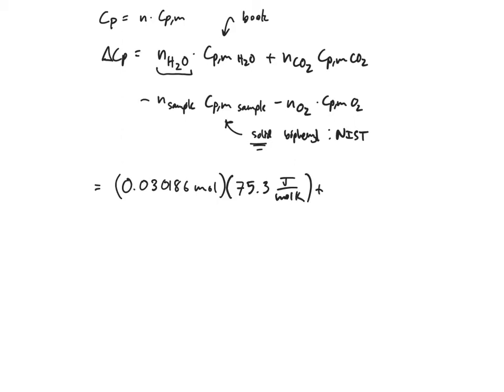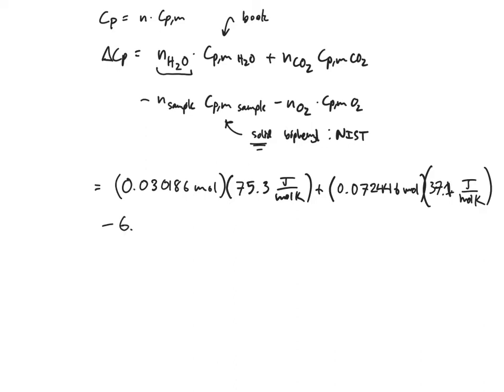Next, CO2. I calculated that the reaction produced 0.072446 moles. And then I multiply times the heat capacity for CO2, 37.1 joules per mole Kelvin. And that I also found in the back of my book.